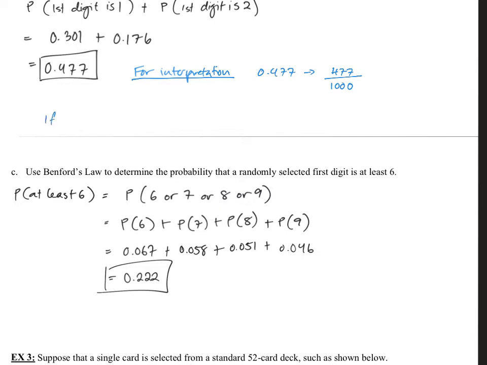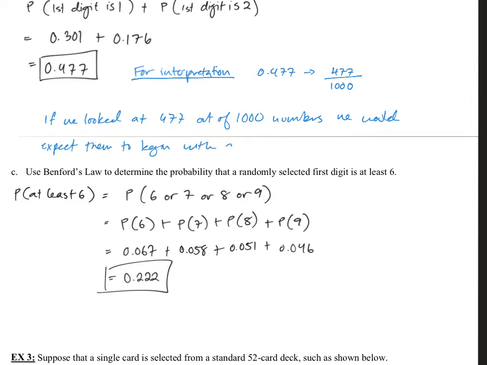So if we looked at 1,000 numbers, we would expect 477 of them to begin with a 1 or a 2. Or you could say, if we picked 1,000 numbers, we would expect 477 of them to be a 1 or a 2.